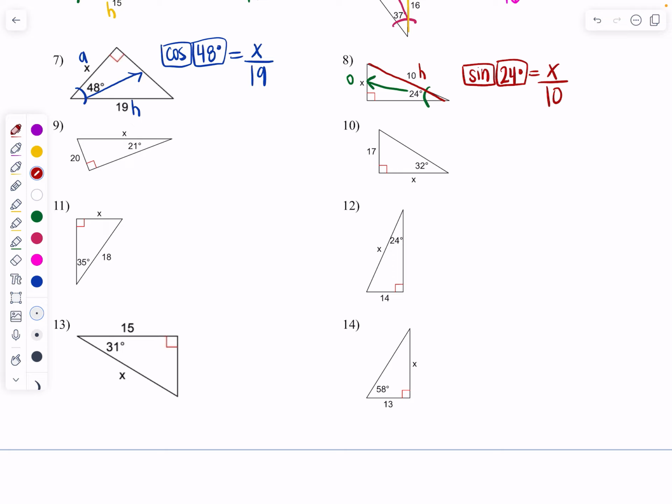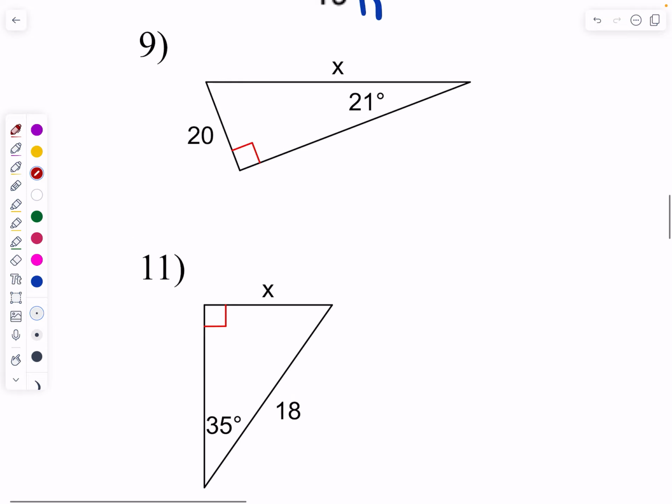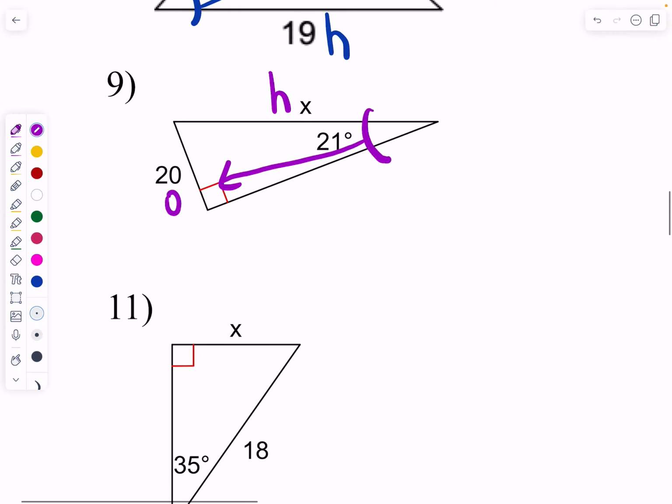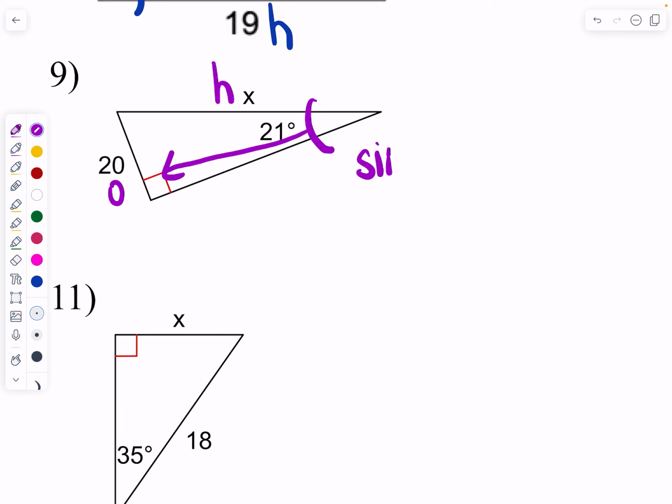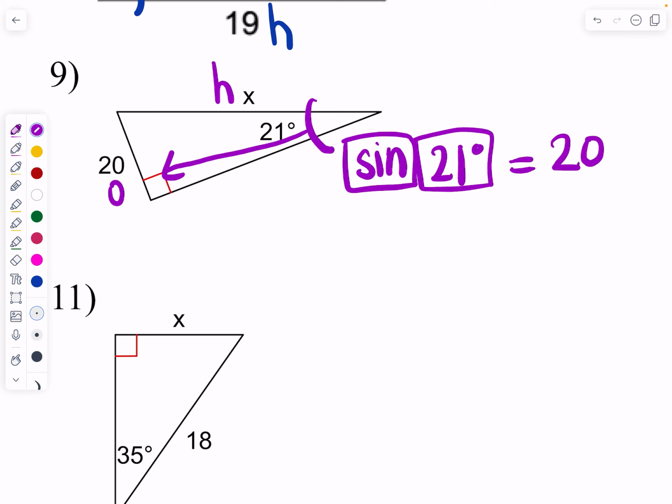Let's do 2 more together, and then I'll leave the last 4 for you to practice. From the 21-degree angle, the 20 is my opposite. The x is my hypotenuse. So again, that's going to be the sine of 21 degrees is equal to 21's opposite, which is 20, over 21's hypotenuse, which is x. Okay.